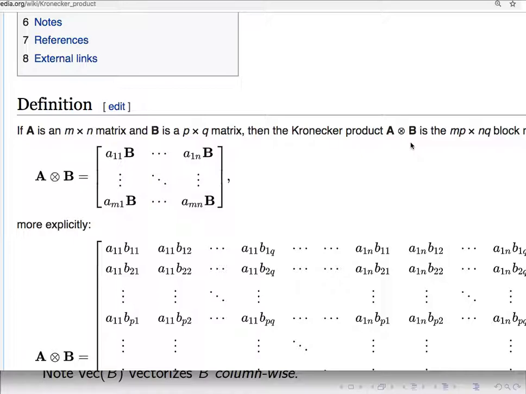This is used very often when we are working on bivariate basis functions. If you Google Kronecker product on Wikipedia, it will give you the definition.